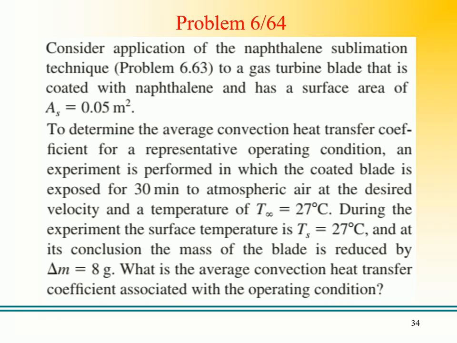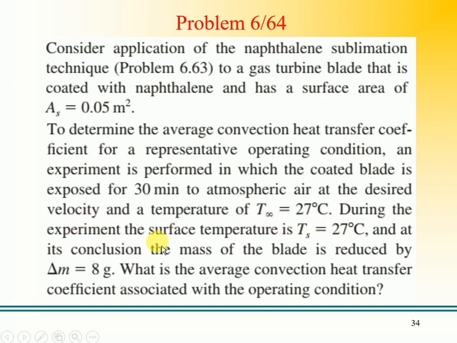Okay, let's move to problem 6-64 in your book. Consider application of the naphthalene sublimation technique, that is problem 6.63, to a gas turbine blade that is coated with naphthalene and has a surface area of 0.05 meters square. To determine the average convection heat transfer coefficient for the representative operating condition, an experiment is performed in which the coated blade is exposed for 30 minutes to atmospheric air at the desired velocity and a temperature of 27 degrees centigrade.